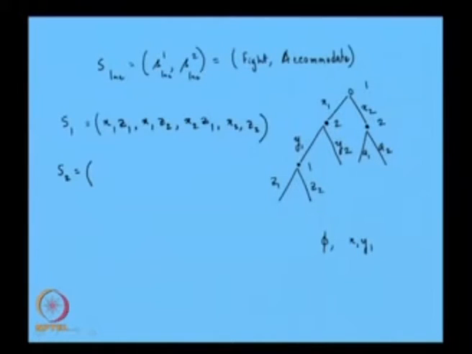Strategy set of player 2 is more simple, and here also we will stick to the definition of strategy. What is a particular strategy? Now, like the case of player 1, player 2 gets to move after two histories. If the history is x1, he moves, or if the history is x2, again he moves. So, in each particular strategy of player 2, there must be two components.